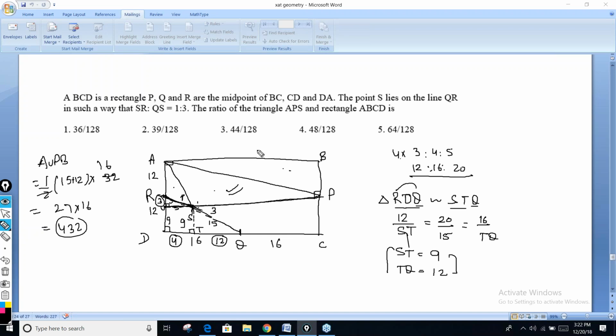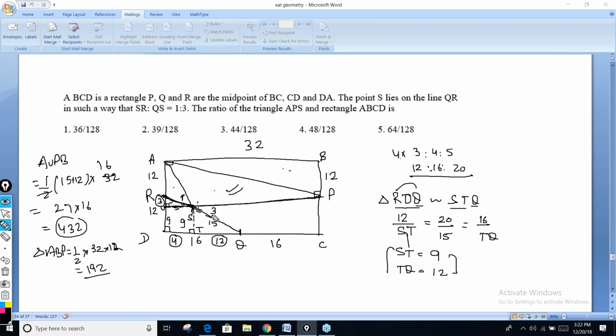That I'm trying to do. So that is 32, that is 12. Till here it is 12. So the area of this triangle ABP is half base into height. 32 into 12, 16 into 12, that is 192.